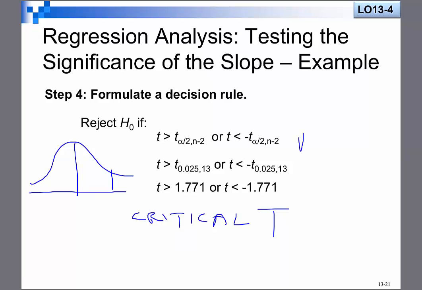And if my alternate hypothesis is that, then I know I'm on the right side, and I know that my critical value is that. And so the question at that point just becomes, does my computed value fall in the rejection region or does it not?